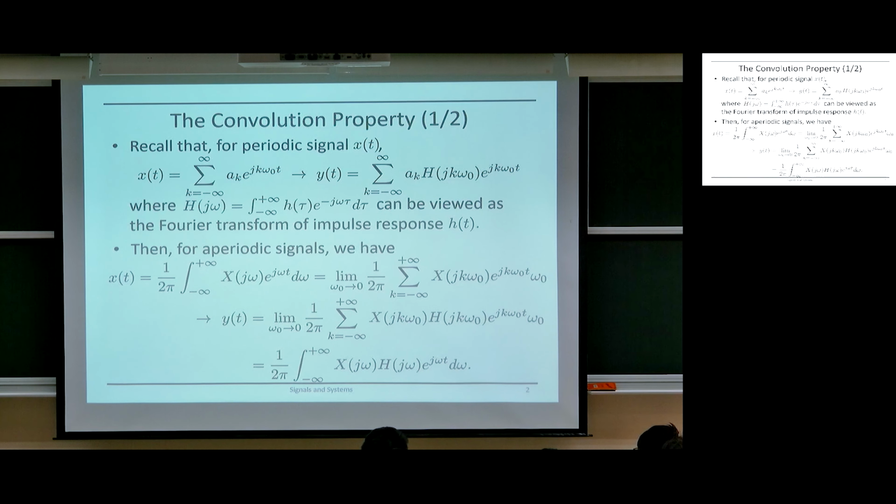But in hindsight, after studying this chapter, we now know that this is actually in the form of a Fourier transform. Okay? So in hindsight, now we know that the frequency response is actually just the Fourier transform of the impulse response. Okay? So the Fourier transform of the impulse response gives you the frequency response.